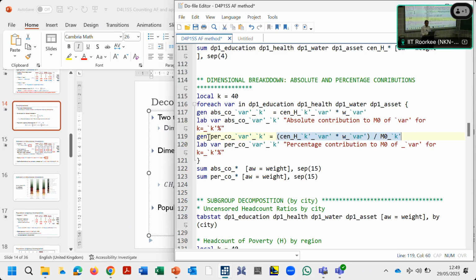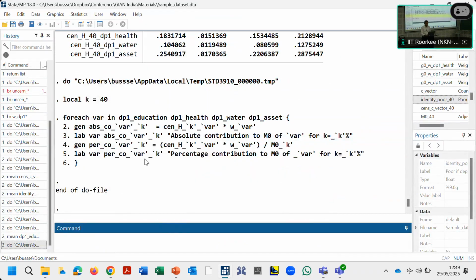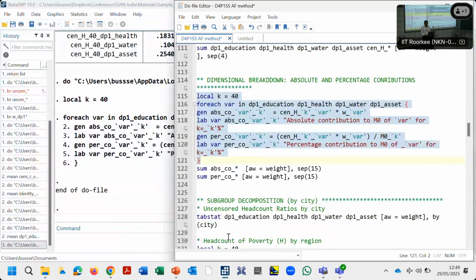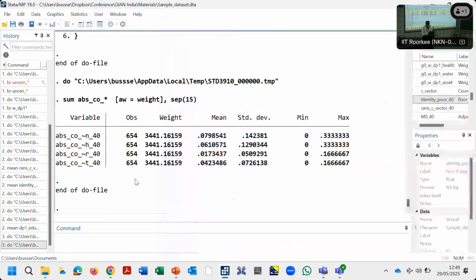Yeah. So you can run up to line 121, and this is what you get. Now, type sum of absolute contribution. So this is what you get, your absolute contributions. Ideally, if you just add them up, you should get M0.